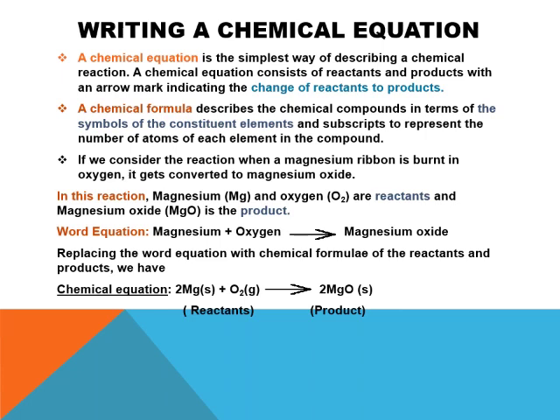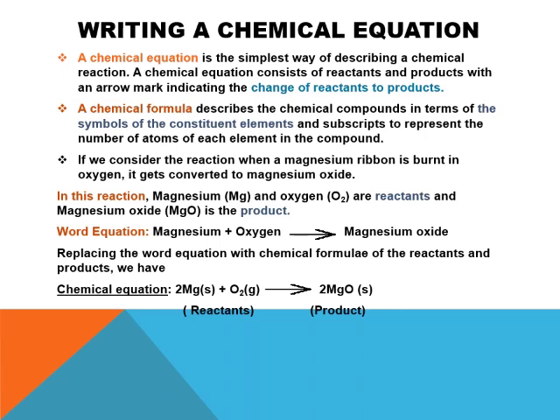Now the reaction is between magnesium and oxygen. Magnesium has the formula Mg and oxygen has the formula O2. These both are the reactants. And magnesium oxide, that white powder which is formed in that activity, is the product. So if we have to write a word equation, we would write magnesium plus oxygen gives magnesium oxide.